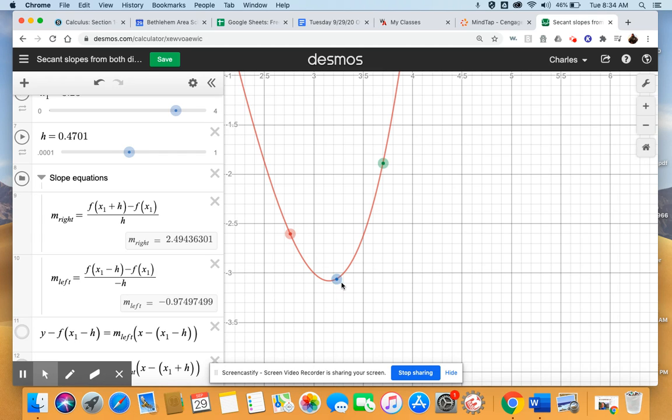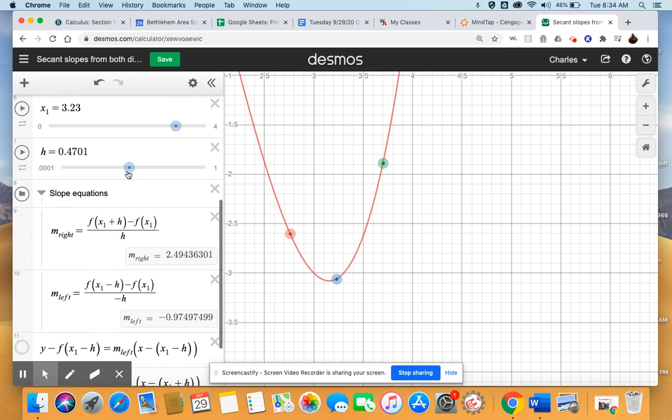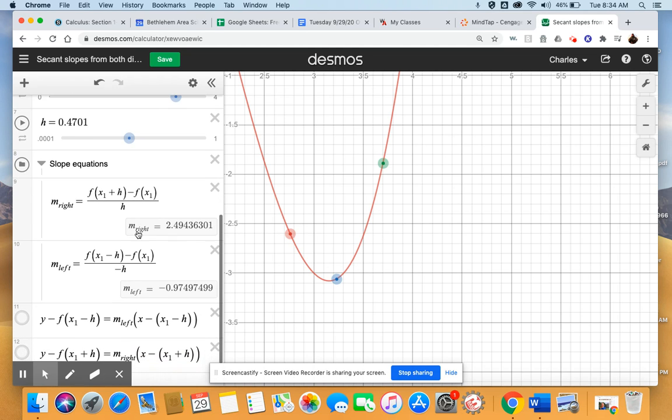And we can see for this x value right here, which happens to be at 3.23, as we move closer and closer to that with our other 2 points, calculating slopes between them, our slope gets closer and closer to a value of 0.539.